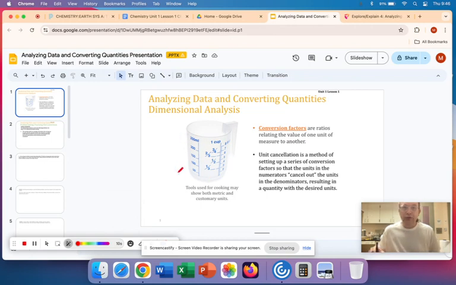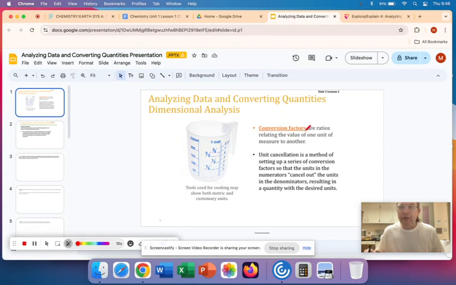This is a tool used for cooking that shows metric units over here, like milliliters or liters, and customary units that are customary in the West, like cups. We can use conversion factors to relate milliliters to cups.